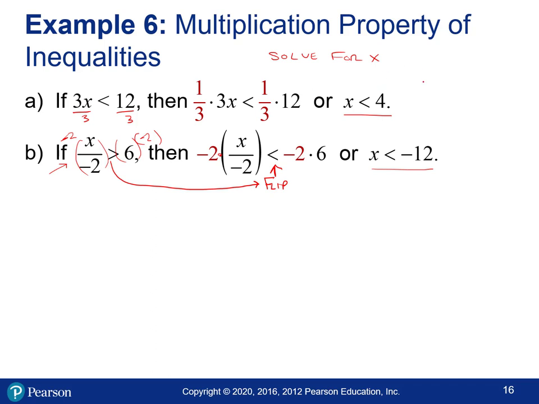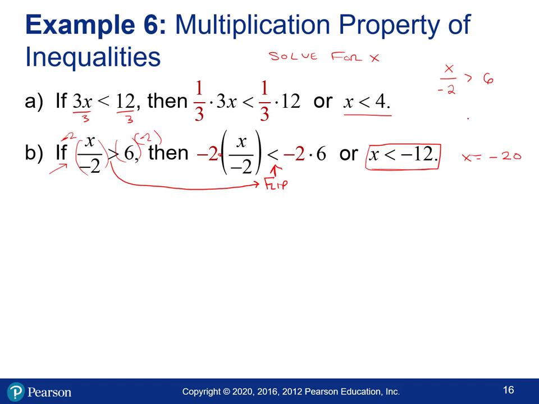Just to show you what's going on here. Originally you had x divided by negative 2 is greater than 6. And this was the answer we got when we solved for x. So let's pick a number, something less than negative 12. I'm going to pick x equals negative 20.